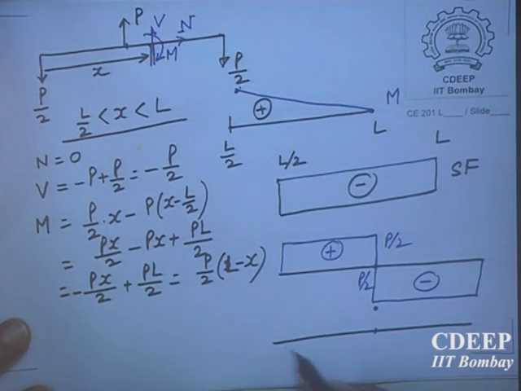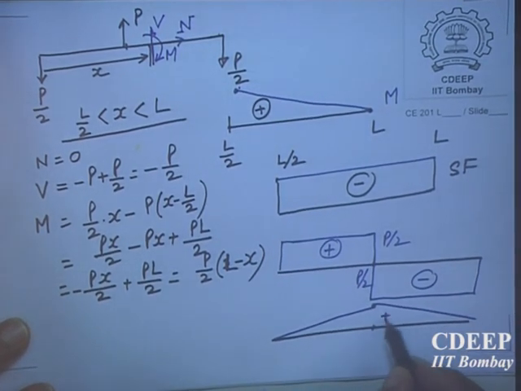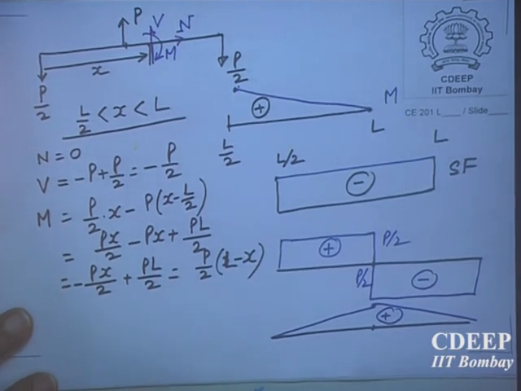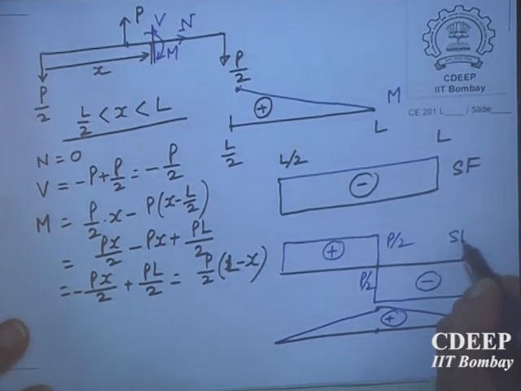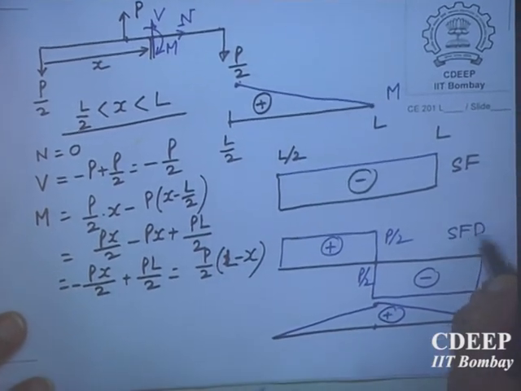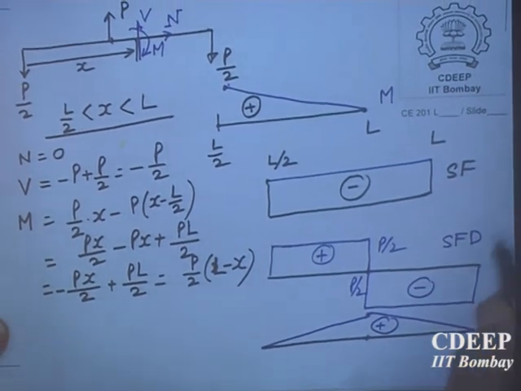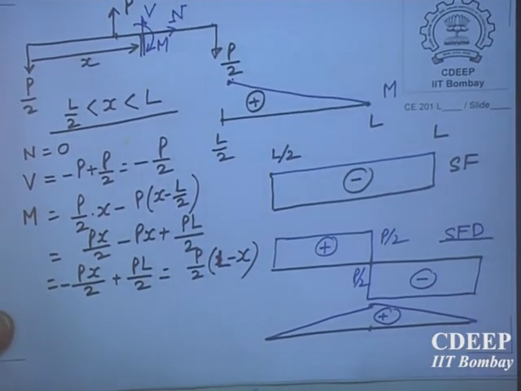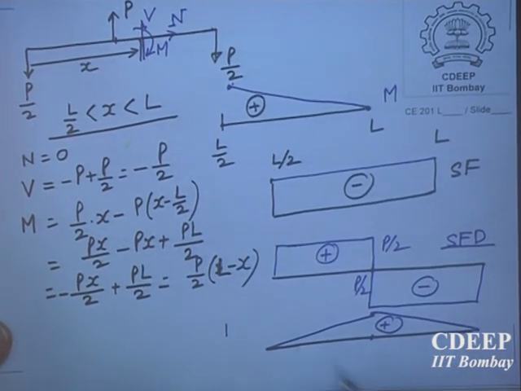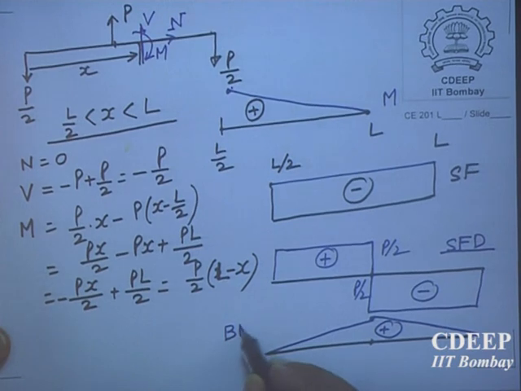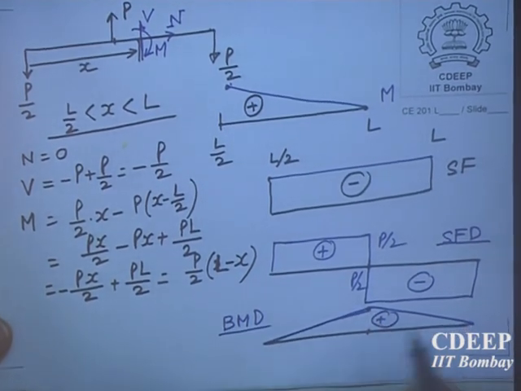The bending moment goes like this and it is positive. Is this okay? So this is the shear force diagram for the total beam. In short form, it will now be called SFD. And this is the BMD, the bending moment diagram, for the entire beam.